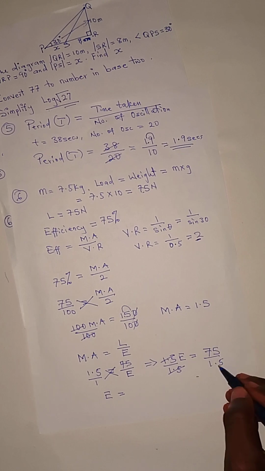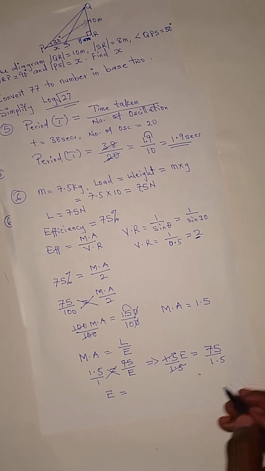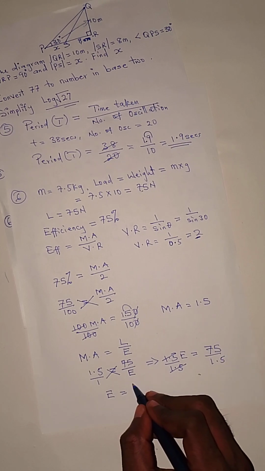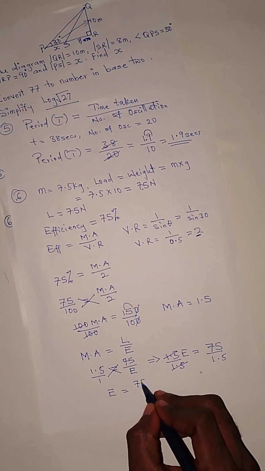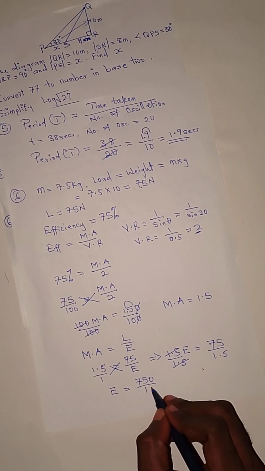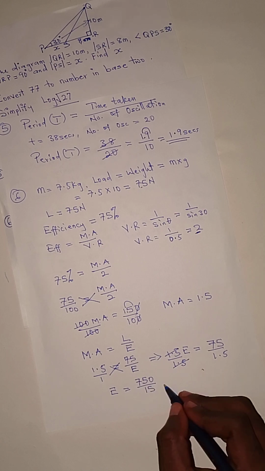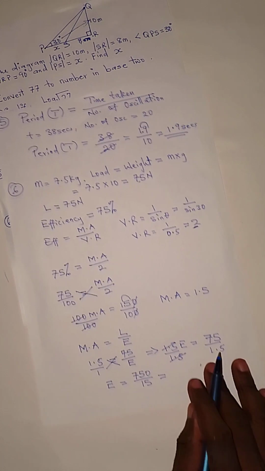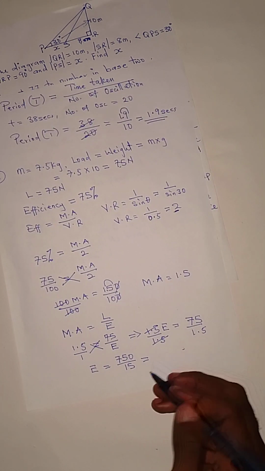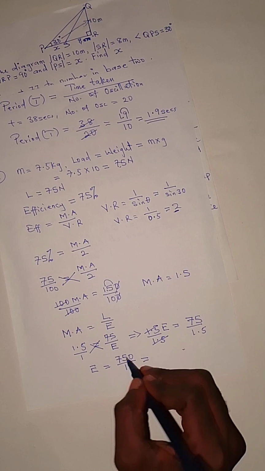So to move away this decimal point, we can multiply this by 10, multiply this one by 10 also. So that will be 750 all over 15.